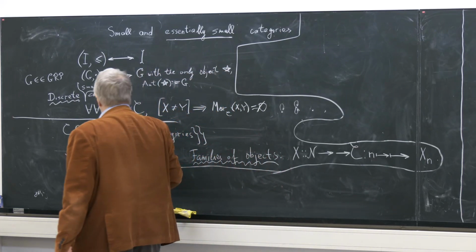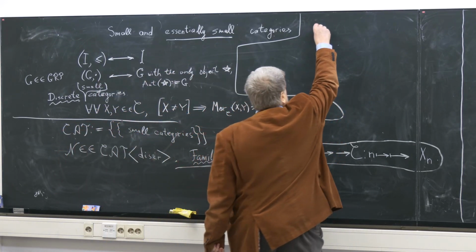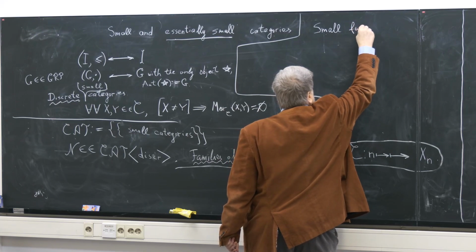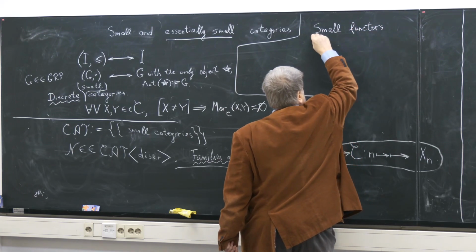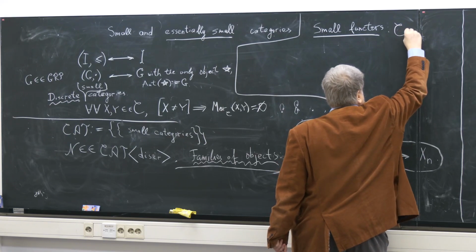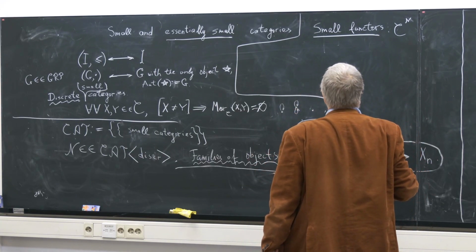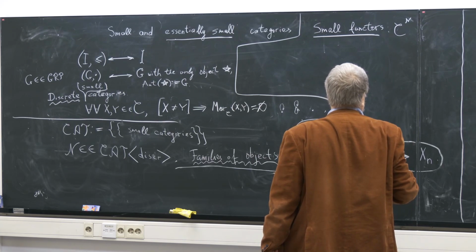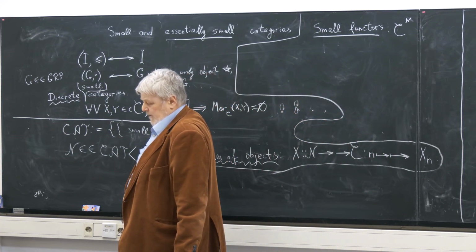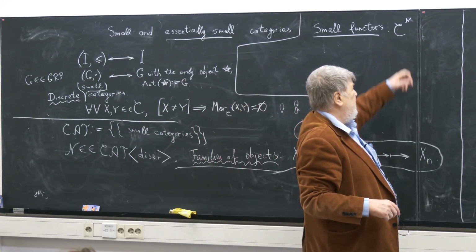Then, more than the small categories, we can consider the small functors, with obvious notations for them, say C to the N. Whenever it is meaningful, we use this exponential notation.